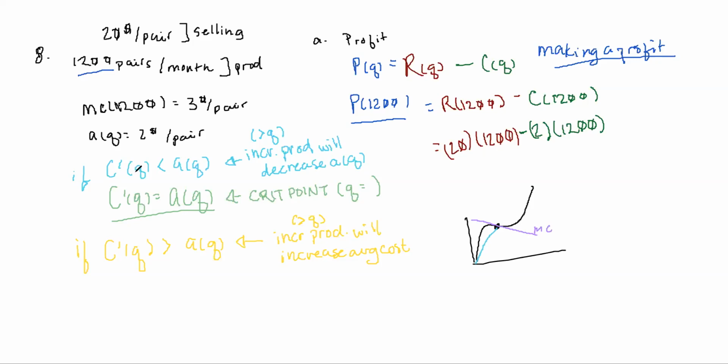So here, our average cost is greater than our marginal cost. So if I increase my production, so if I move over here, it will decrease my average cost. So this is my increase in production.